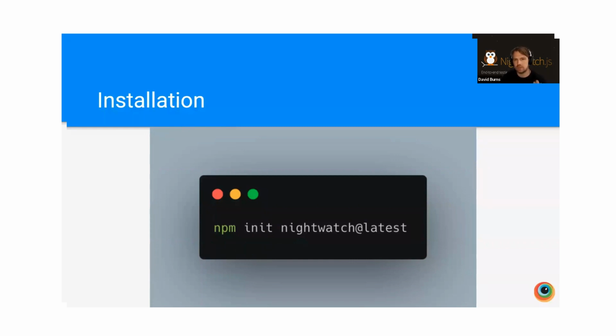It allows you to just go npm install Nightwatch, but it doesn't always give you all the relevant scaffolding that you need. One of the key pillars of what Nightwatch is now working towards is simplicity where possible. If you want to do something, how can you get started fairly quickly?